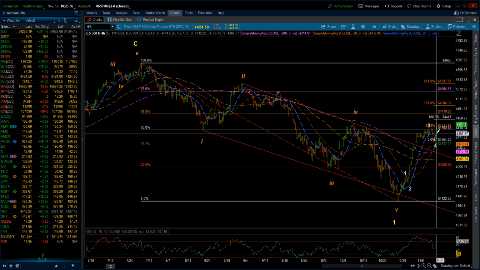So with all of that in mind, under my preferred count, if I'm going to leave it as an A at 1, 2, 3, 4, 5 for wave A, then the whole process is going to be a zigzag. This ABC for intermediate wave 2 will be a zigzag, and I'd be looking for a B wave to begin at some point here.